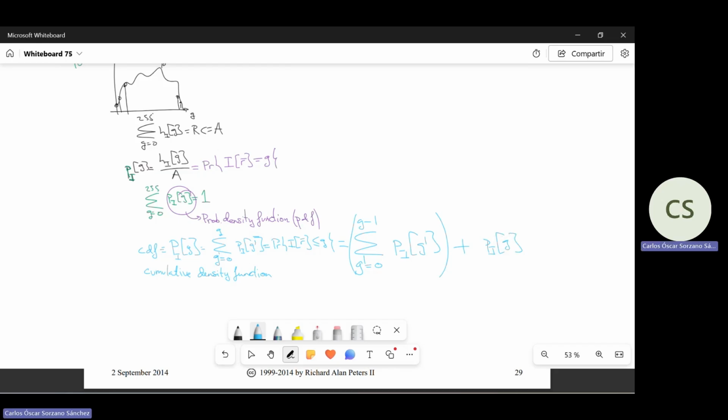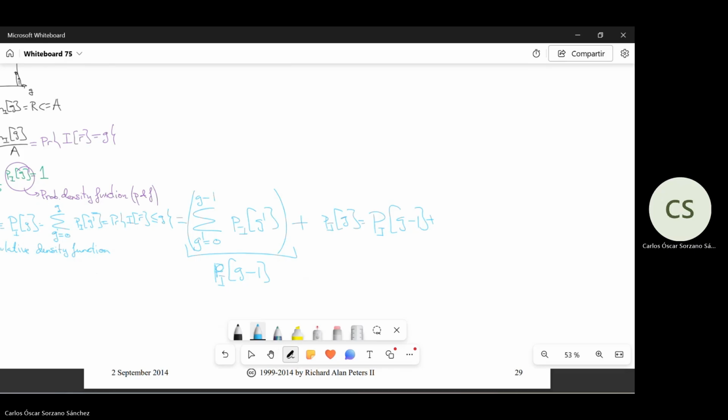So this sum goes from 0 to G, so I go from 0 to G minus 1 and I add the last one. Okay, very good, but this is the capital P of G minus 1. So this is capital P of G minus 1 plus p_I, the small one, of G. So now you can solve for the small one.